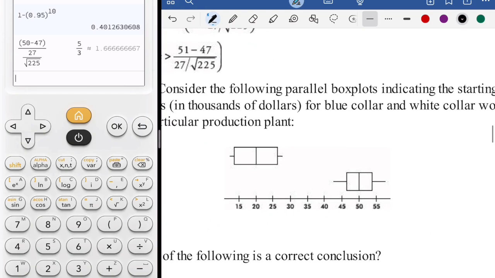Maybe if I just ballpark it. Range, again, is max minus min. So if I ballpark this, something in the neighborhood of maybe 10 to maybe 27-ish. So let's say 27 minus 10 is 17.